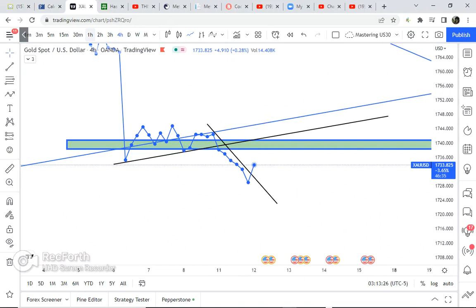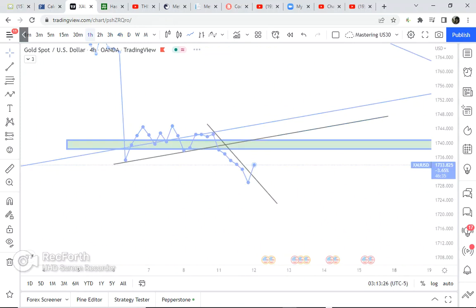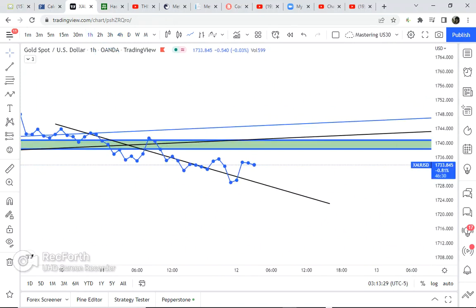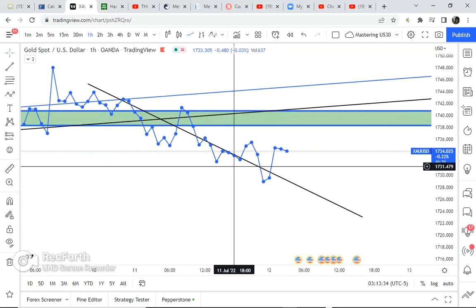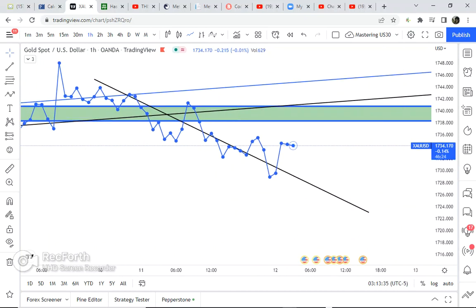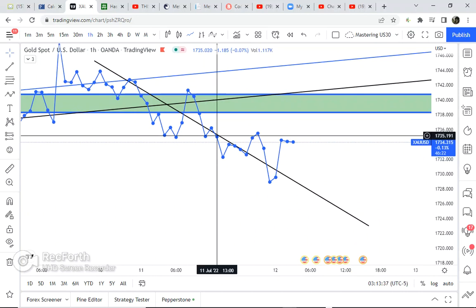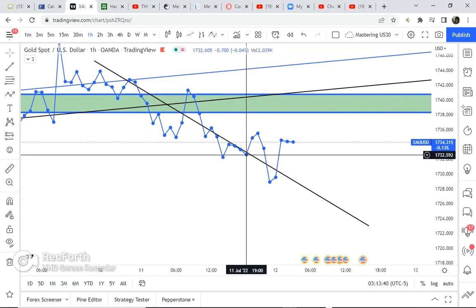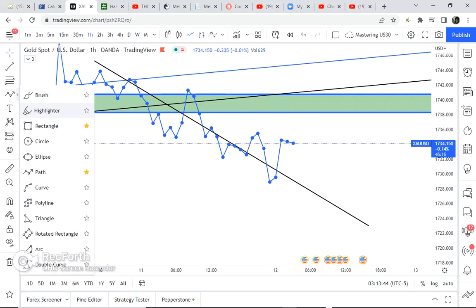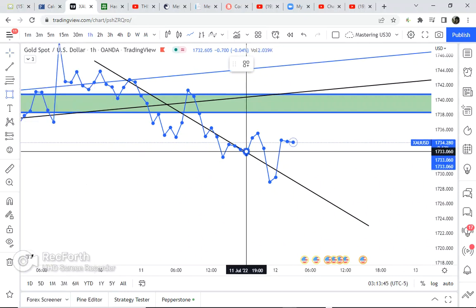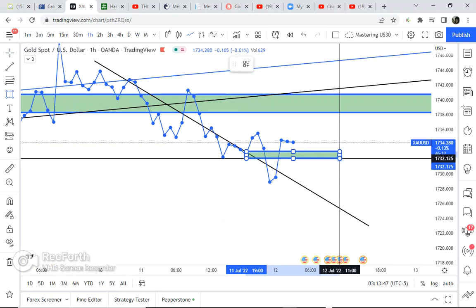Here we go. And we'll see that our most recent low on the 1-hour was this area. So I'll draw a support area on this circle here, right here.